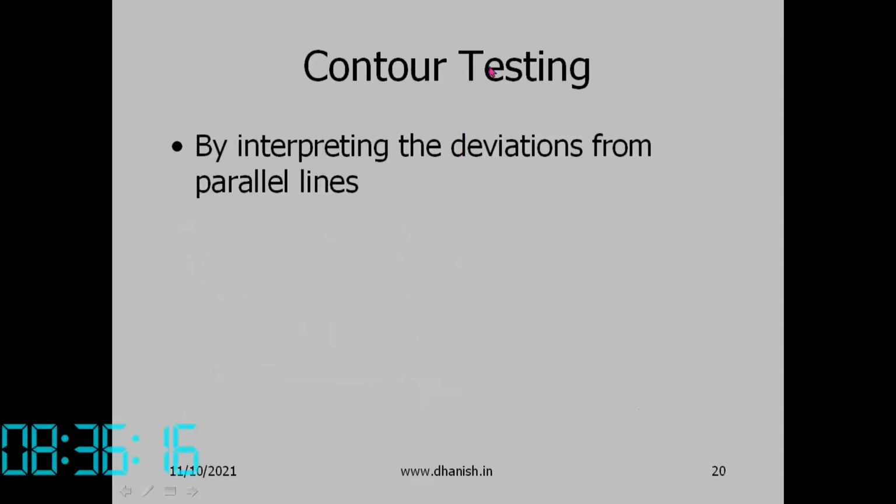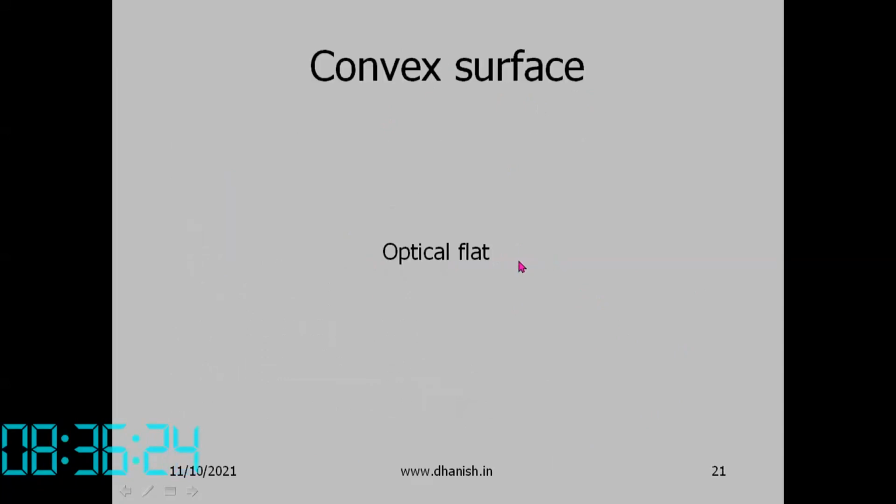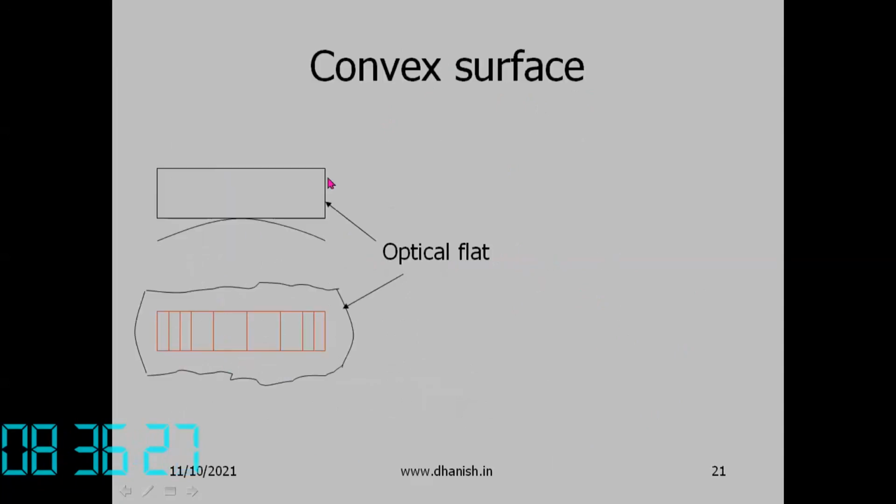And we can easily do qualitative testing, contour testing, by interpreting the deviations from parallel lines. For example, microfeatures are done in the lab. Then convex surface. If you place an optical flat on a convex surface, a convex spherical surface, you will get circular patterns.